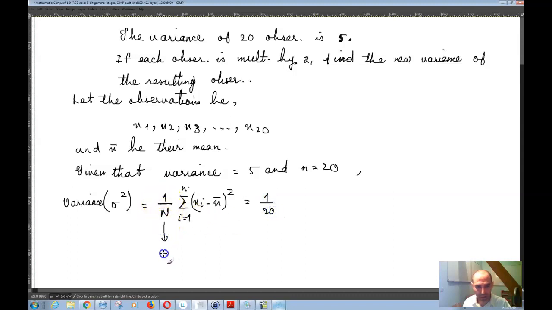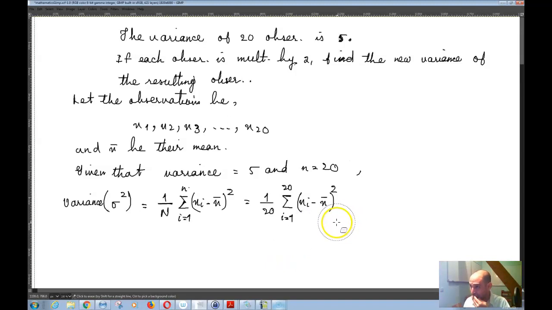This n over here is nothing but sigma f of I. And since I omitted f of I here, I'm assuming that the frequency of each of these observations is 1. So sigma f of I as I goes from 1 to 20 is equal to 1 times 20, which is equal to 20. So that's 1 over 20, and then sigma of x of I minus x bar whole squared as I goes from 1 to 20. So far we have no problem and we have understood everything.